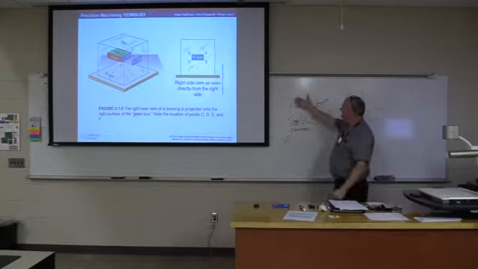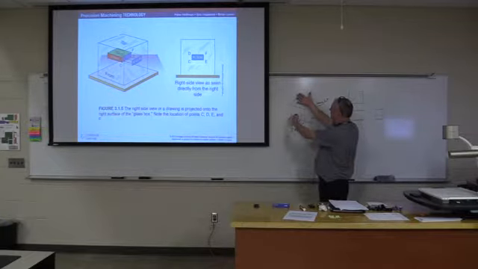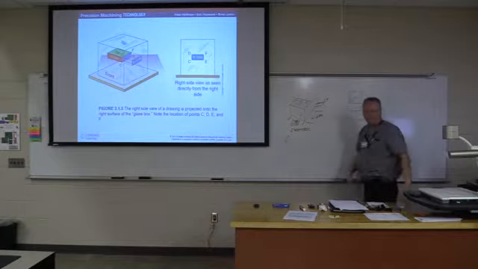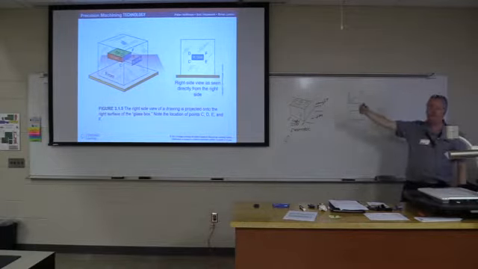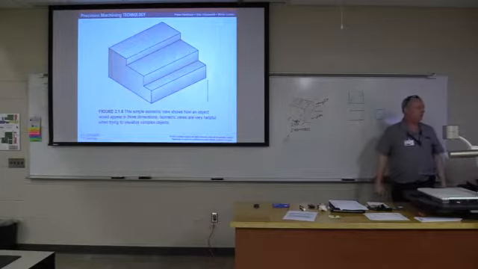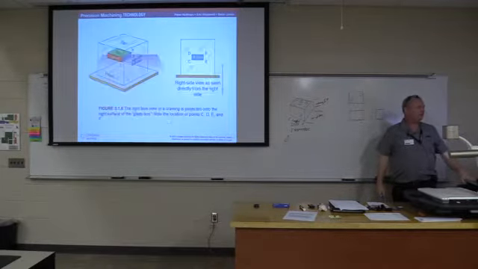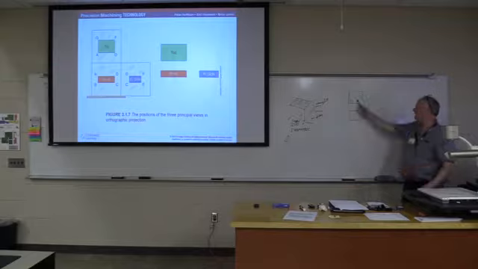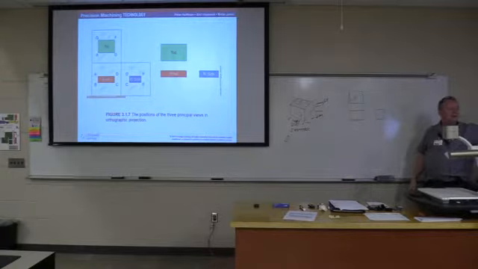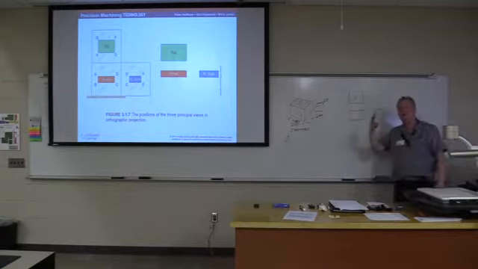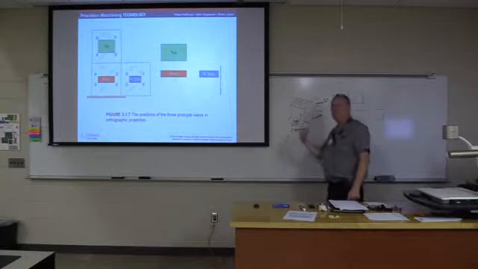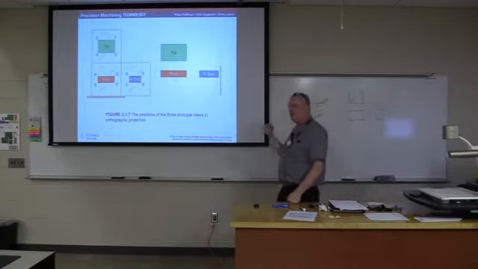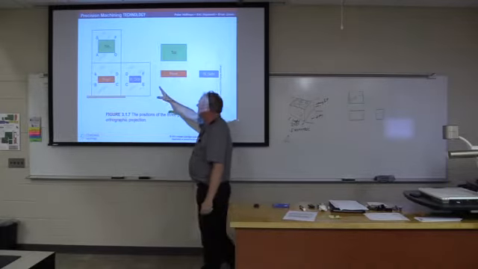We sketched this box, in the glass box we said, okay, there's the front view, and we folded up the top view, and then we folded open the right side view. These are the standard.